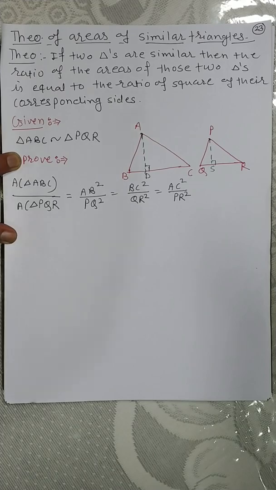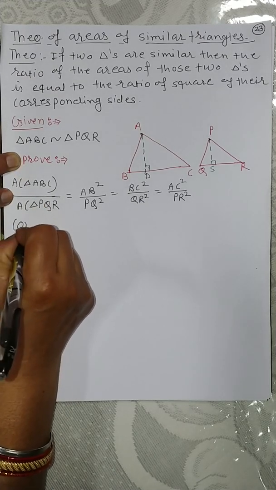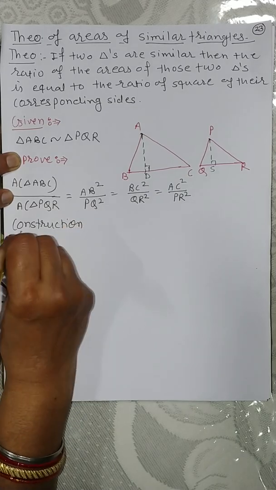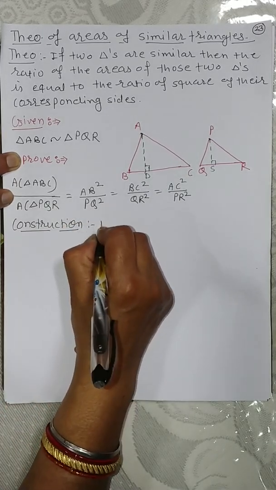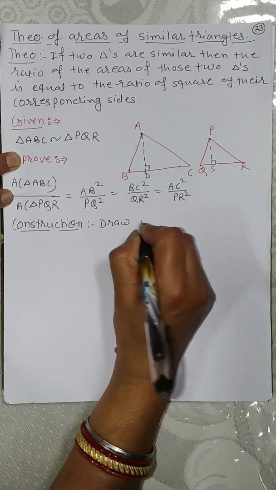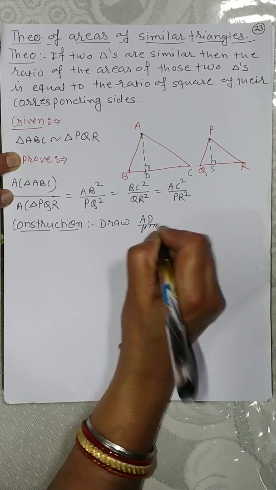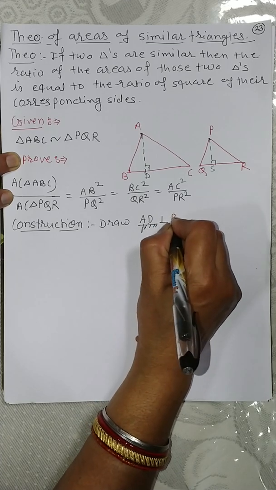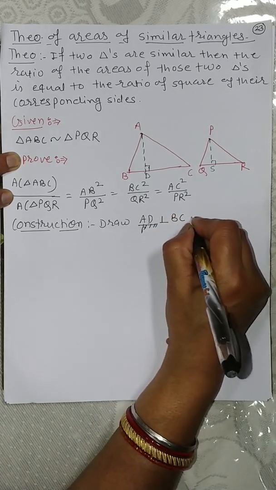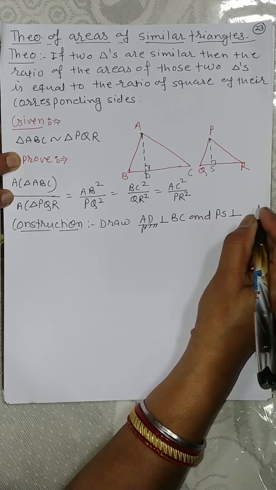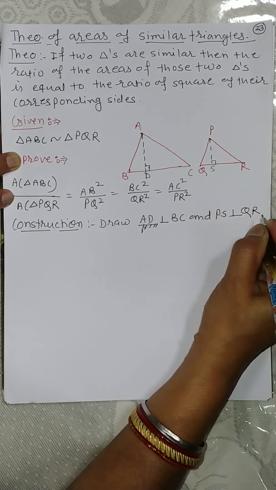So this is the construction. Draw AD perpendicular BC and PS perpendicular QR.